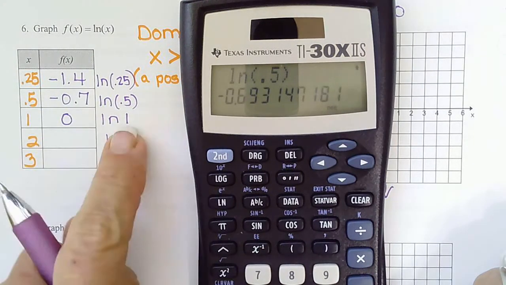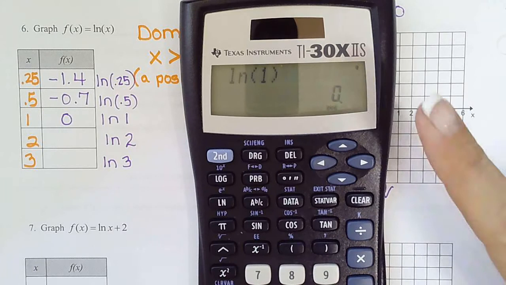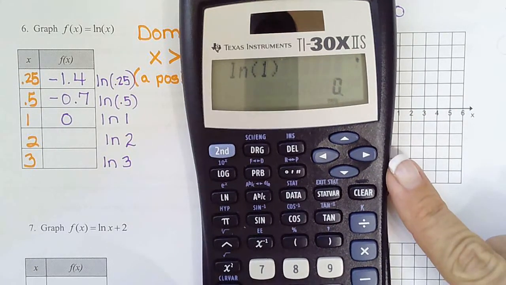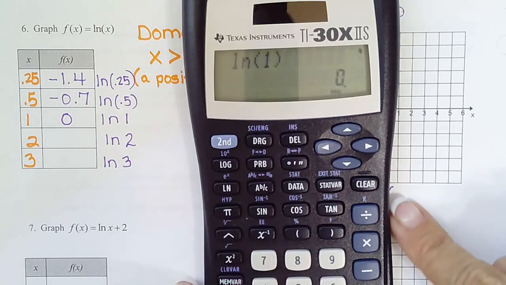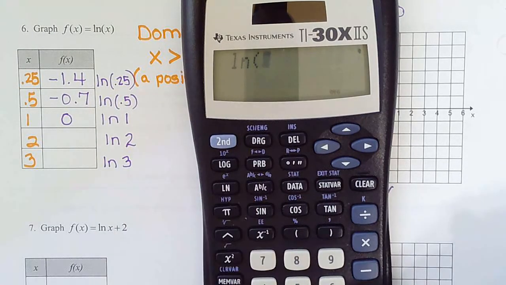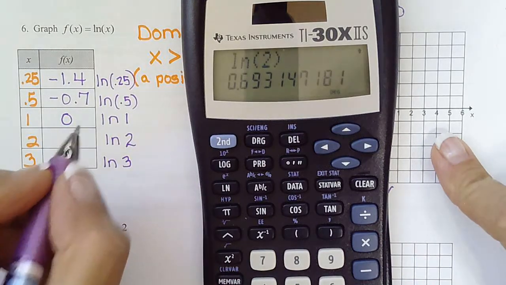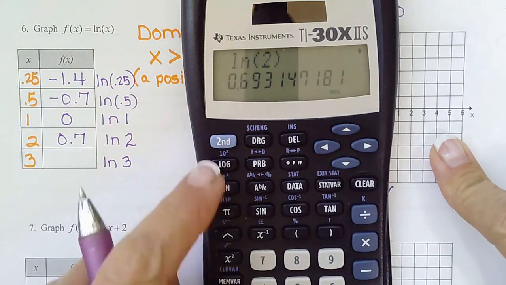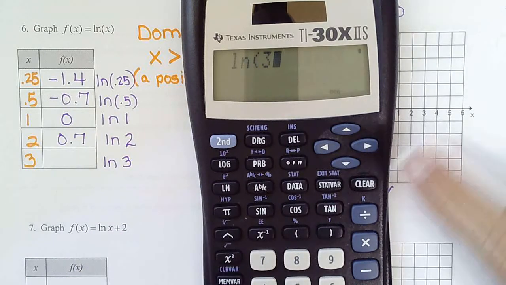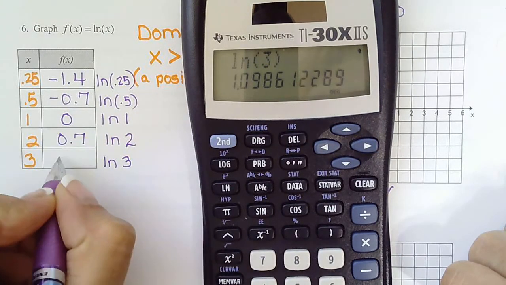You can try this one out if you want. ln of 1, boom, always 0. Log of 1 is always 0. It doesn't matter if it's log base 10 or log base e. And natural log of 2, close your parentheses, is 0.7, positive. And last, natural log of 3, close, is 1.1.